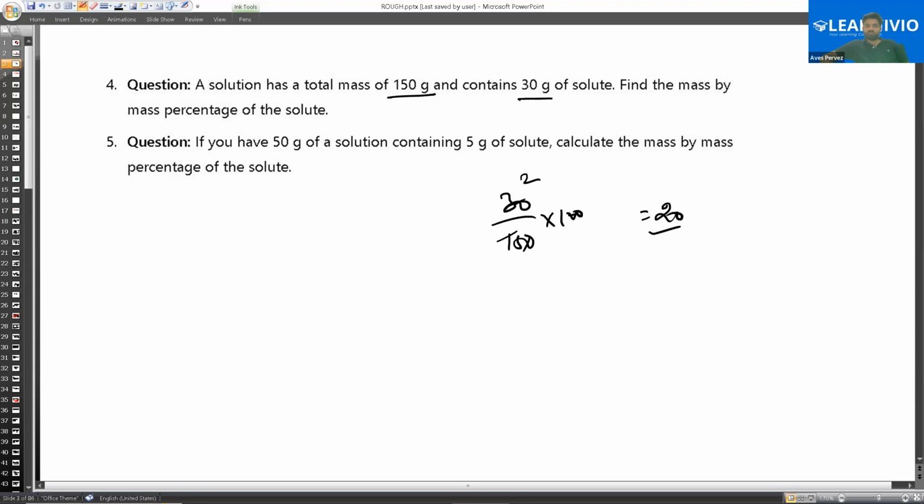Okay, a solution contains 50 grams of NaCl and 20. Next question.